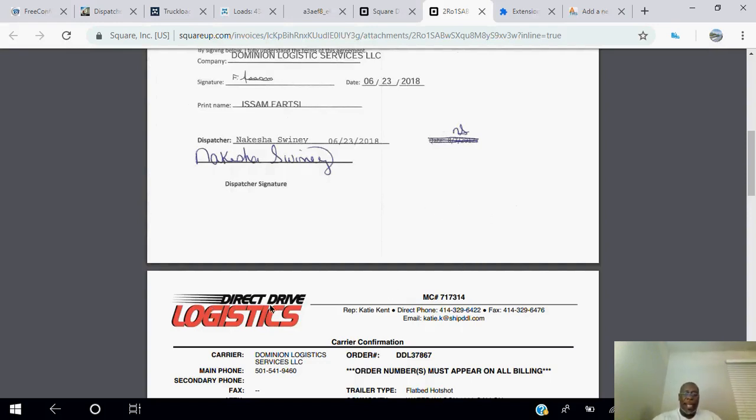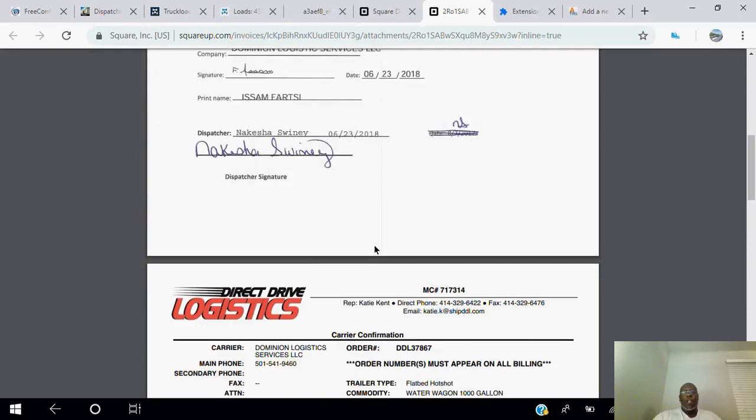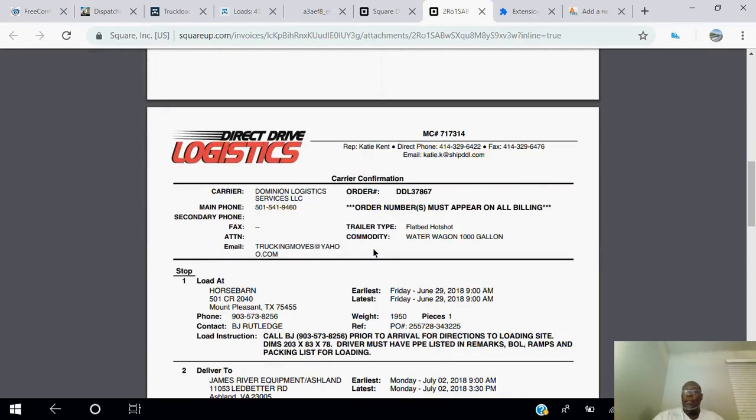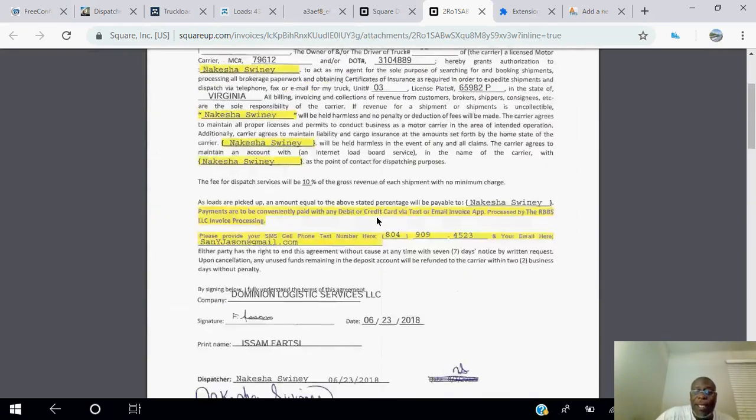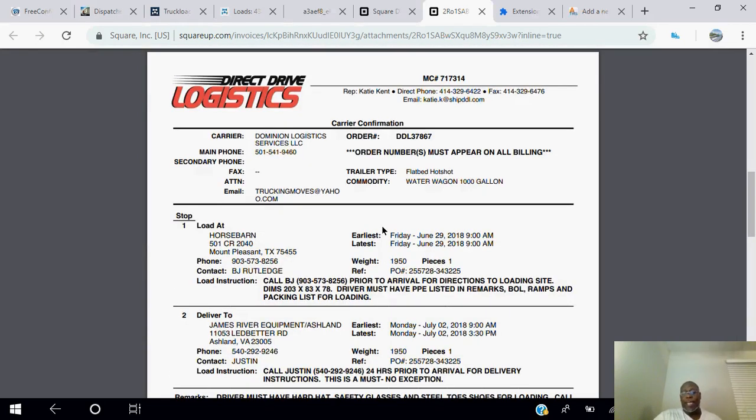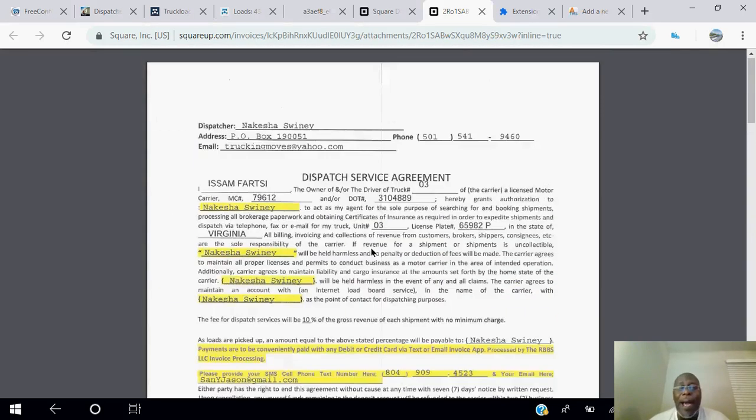I will put like Direct Drive, and that's how I would name them, and that's how I would know, right? Or you can put them in by what? The number. You can put them in by the load number, okay? But make sure you have a system of storing your files, because when it comes time for you to send your invoice to your carrier, you got to put all this stuff back up.